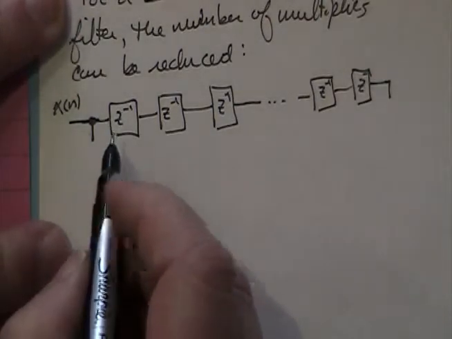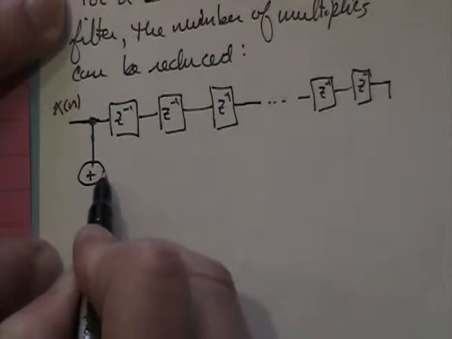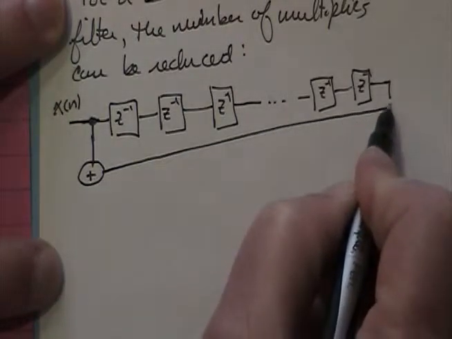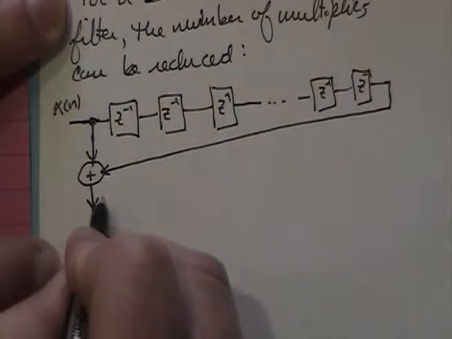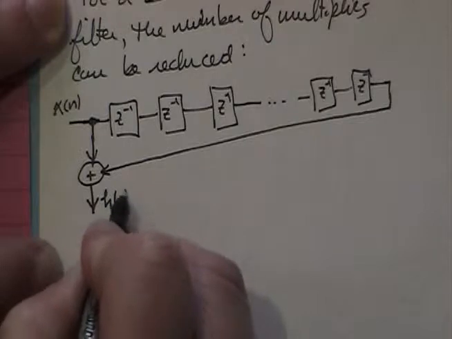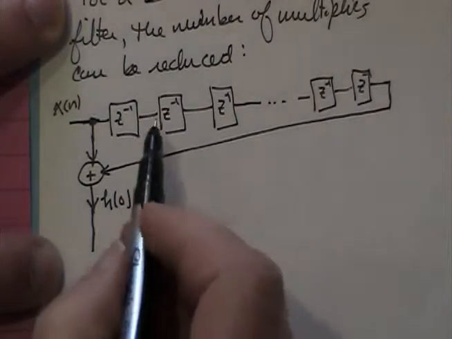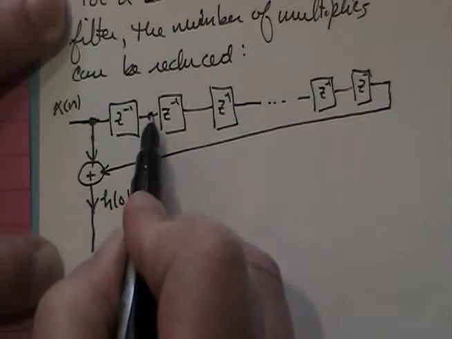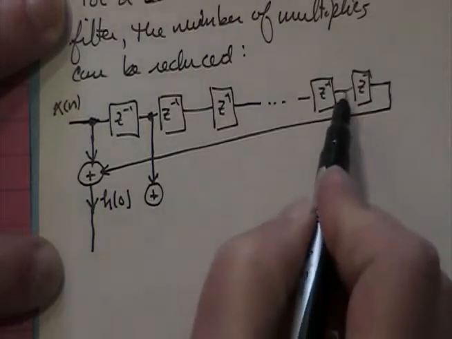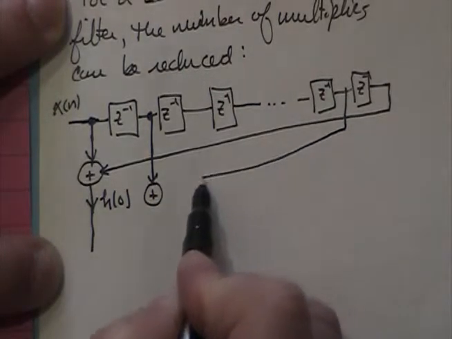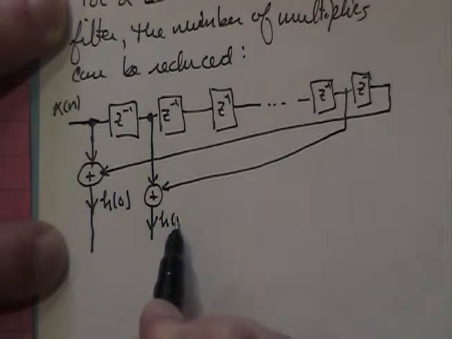So I'm going to take this one and add it to the value I had way out here on this one. These are going to add together, and that result I'm going to multiply by h of 0. Then I'm going to do the same thing here: take this one and add it to what I get way out here, and take that result and multiply it by h of 1.